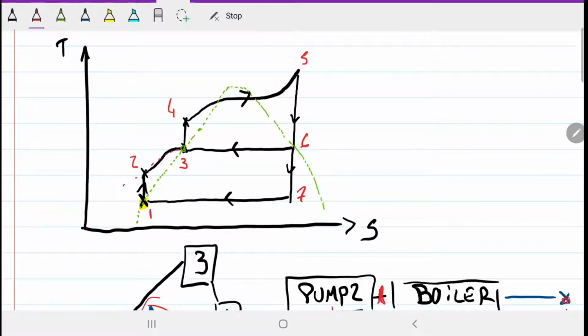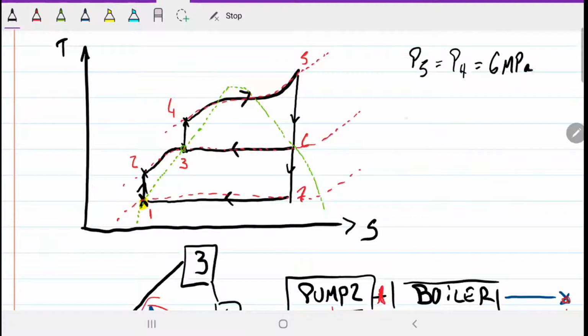So this is all the same pressure right here. This is all the same pressure right here. And then this would be all the same pressure right here. Okay, these are all the same pressure. All right, so what do we know information-wise? We know heaps of things already, right? We know pressure 5, which is the same as pressure 4, and they're the high end, that's 6 megapascals.